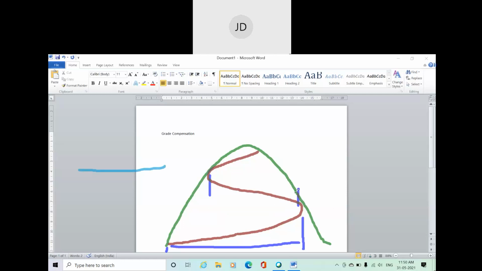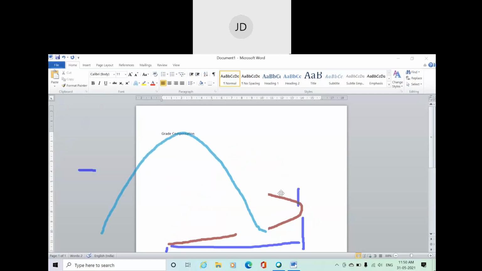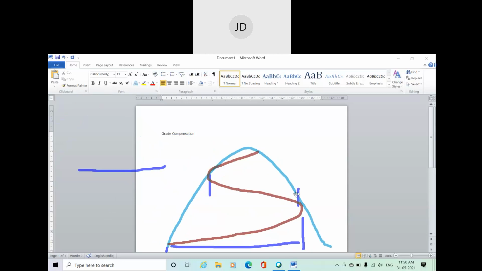Now, when it comes to the curve, it will come closer.